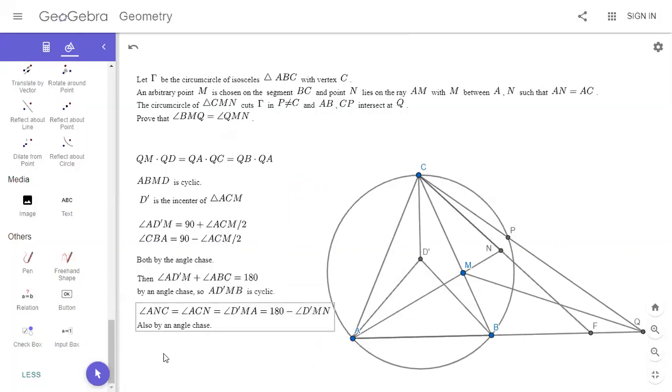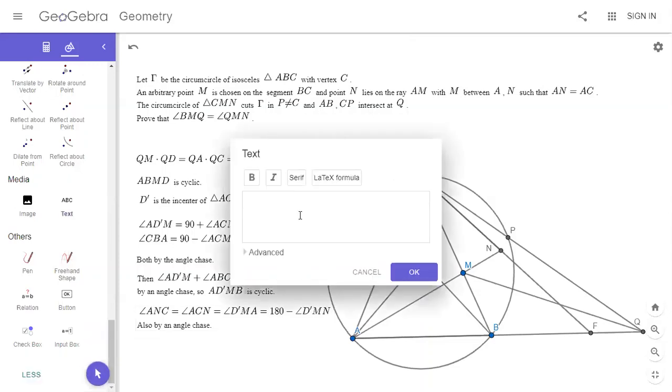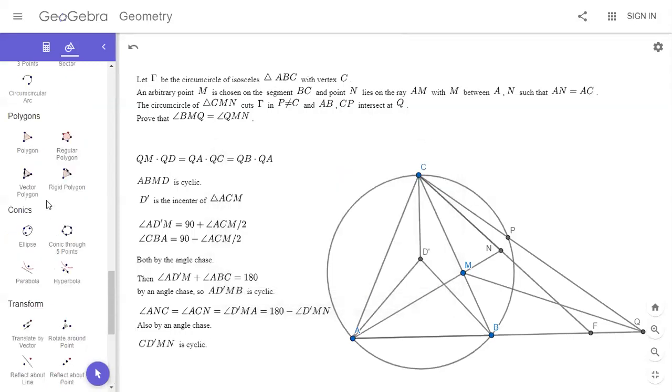Right, and so ANM, I'm sorry, CD prime MN is cyclic. And so D is equal to D prime.